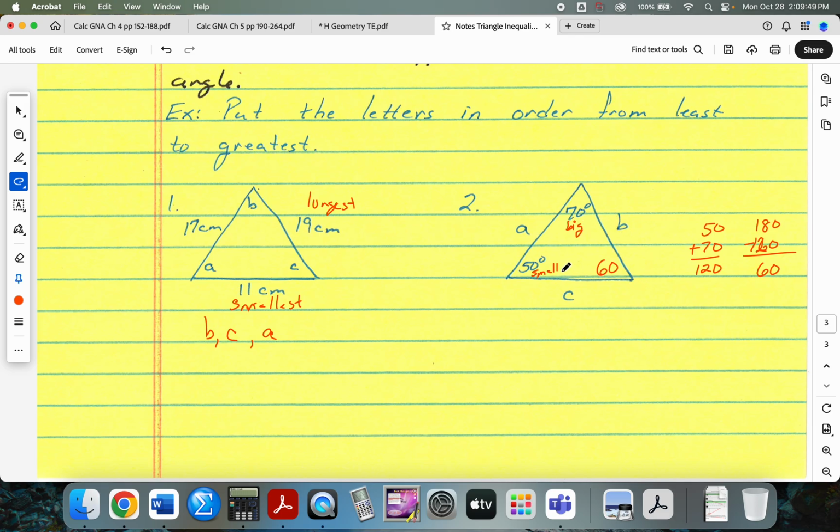So the smallest angle is 50. Opposite that is B. The biggest angle is 70. And opposite that is C. So A must have been in the middle.